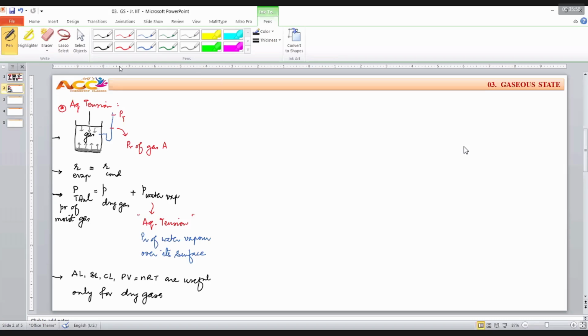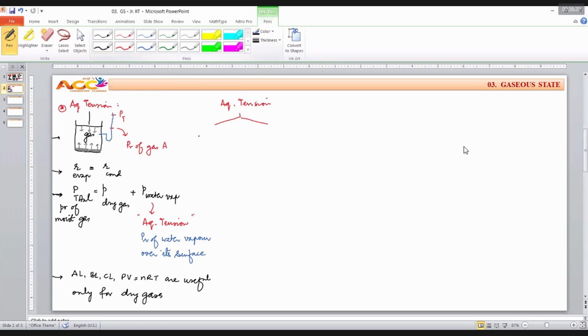Now, okay, sir, I got new information known as aqueous tension. Very good. What is aqueous tension? I know it, sir. I have the definition. It is the pressure of water vapors over its surface. Okay. If it is so, then I am having a problem. What are the factors upon which aqueous tension depends? What are the factors of which aqueous tension is independent? Very good.